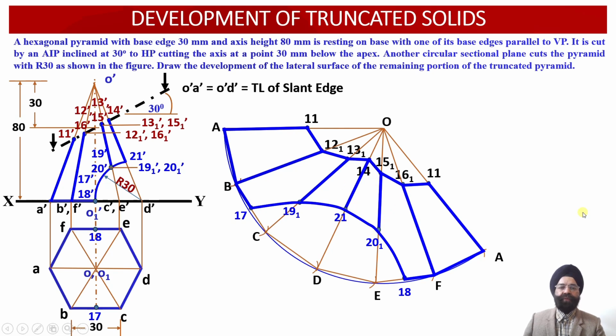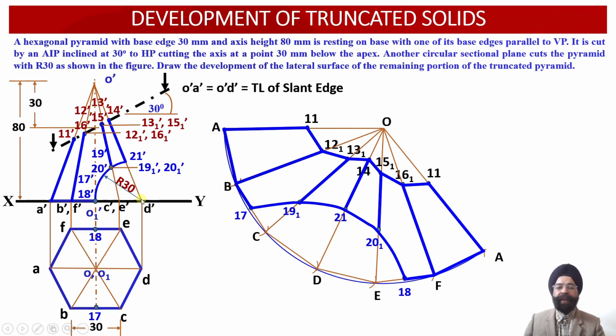So this way we have been able to obtain the sectional front view, the top view projections and the development of the lateral surface of the truncated hexagonal pyramid, which has been cut by two cutting planes. The first cutting plane happens to be an auxiliary inclined plane, inclined at an angle of 30 degrees to the horizontal plane, passing through the axis at a point 30 millimeter below the apex point.